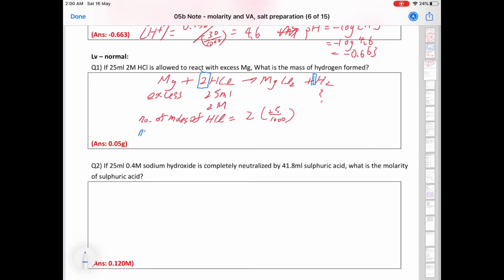And then for the number of moles of H2, we start from the number of moles of HCl, and just half of it will be formed. Finally, you got the number of moles of hydrogen, then you just need to multiply it by the molar mass of hydrogen.